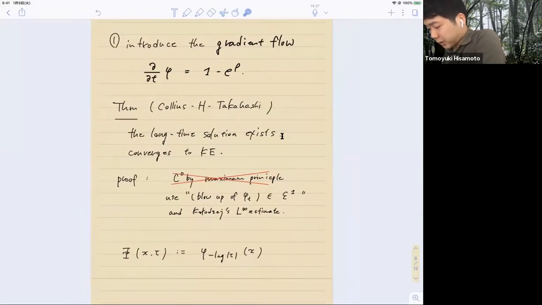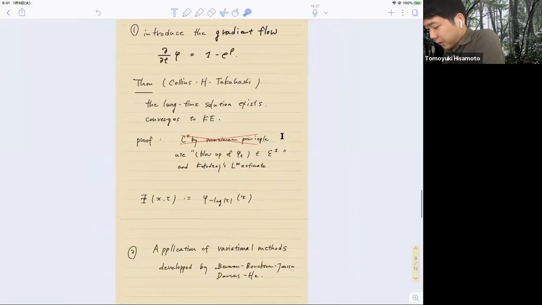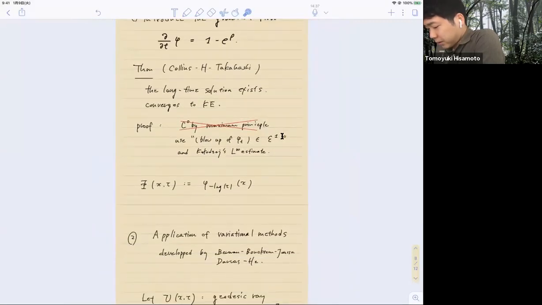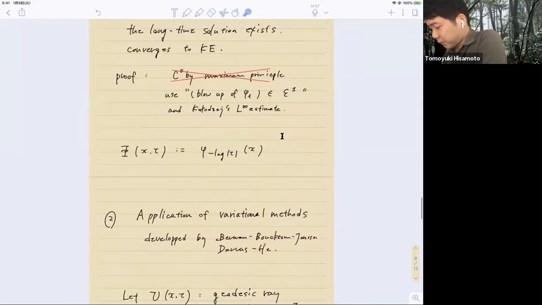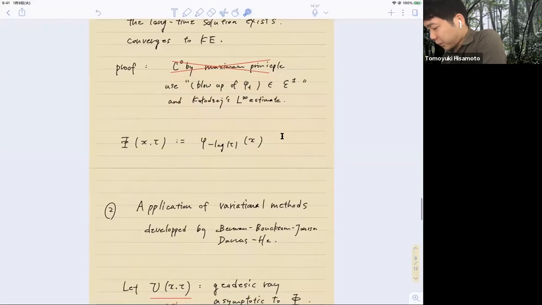This is the first point. And in the second step, we apply some variational methods developed by Berman, Boucksom, Jonsson, and Dervan-Székelyhidi, and many other people.